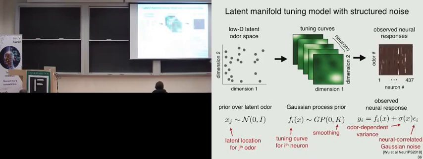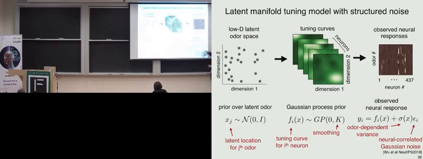In order to generate the true observation, we need to add some observation noise, right? So the observed neural response is the mean response from the tuning curve plus some noise. Here, sigma x multiplied by epsilon i is what we call structured noise.